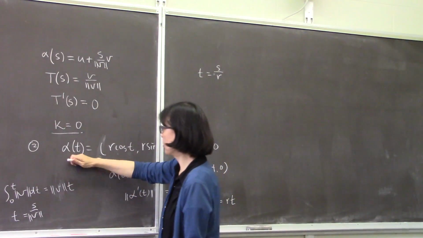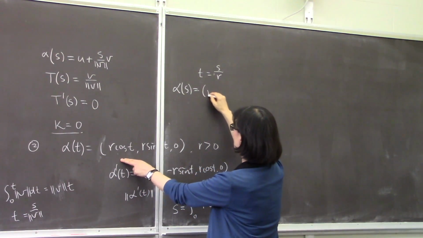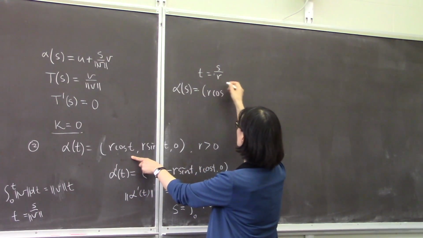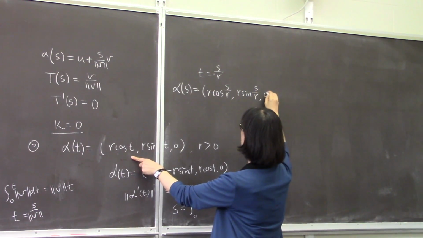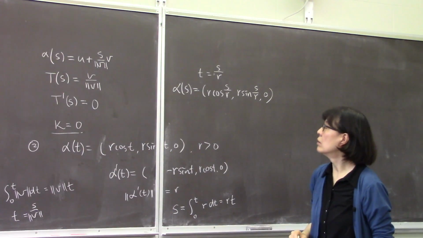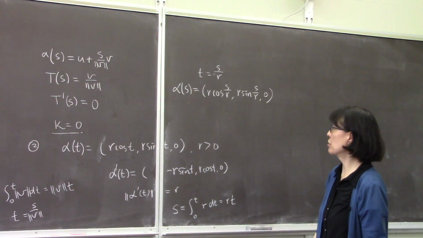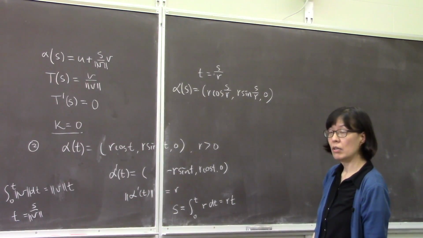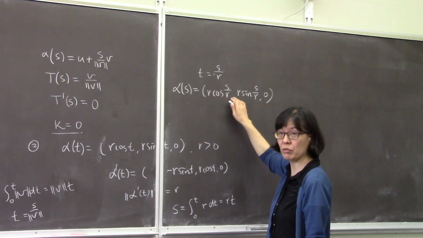So we reparameterize this circle with the arc length. So r cosine s over r, r sine s over r, and 0. Then it becomes unit speed with the change, arc length parameterization.